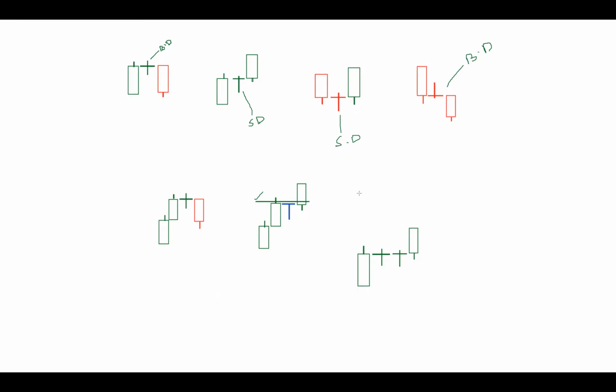Doji always gave me the correct information. Another candle can give me the wrong information, but doji, it's impossible to give me incorrect information. Always correct information it's giving me. Doji breakout, doji support and resistance. Recently we are taking support and resistance, right?